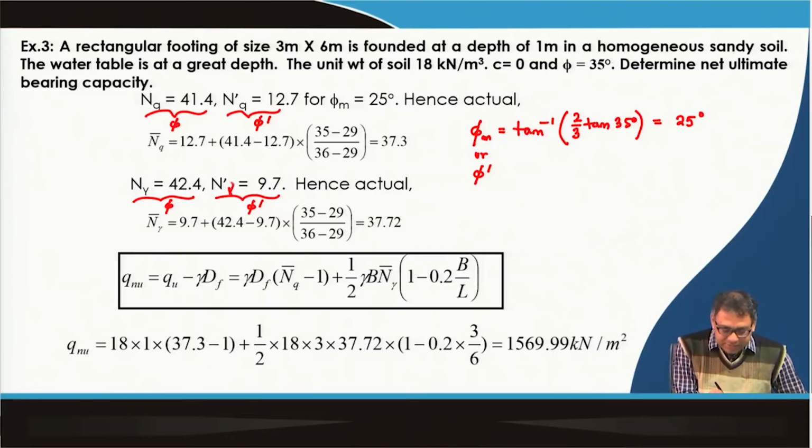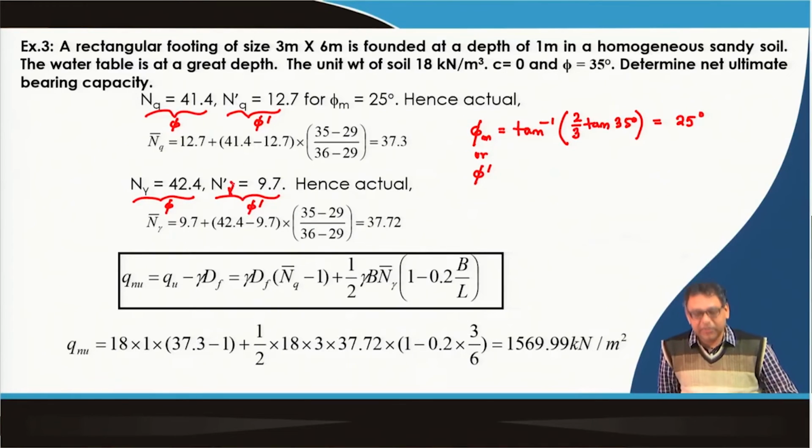But we have the value corresponding to phi. If I take the value corresponding to phi, which is given 35 degrees, then we are basically considering the general shear failure case.